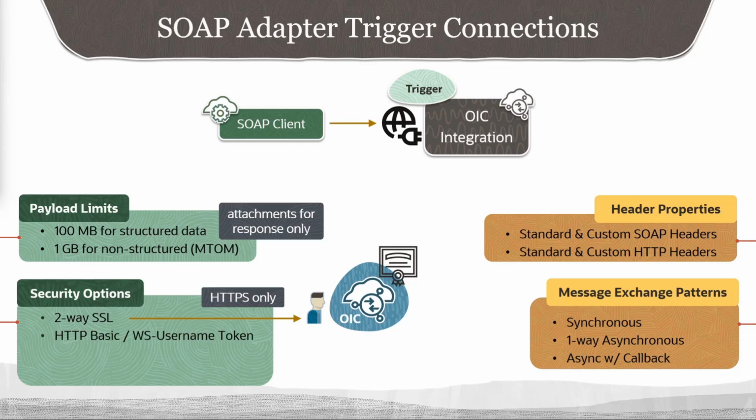And for security policies, in addition to HTTP or SOAP header-based username password options, there are a variety of additional OAuth 2.0 grant types. And the other difference is that you can choose to instead accept a SAML token from the client to access the integration via the trigger configuration.